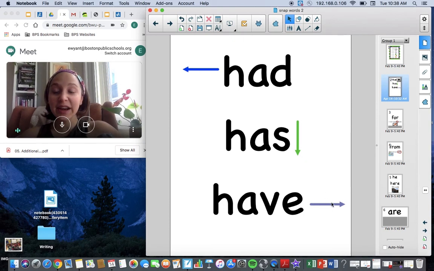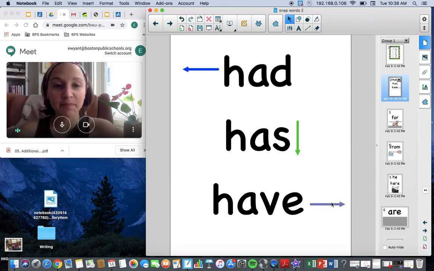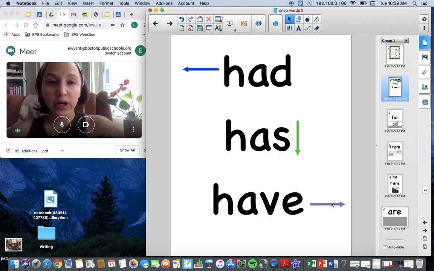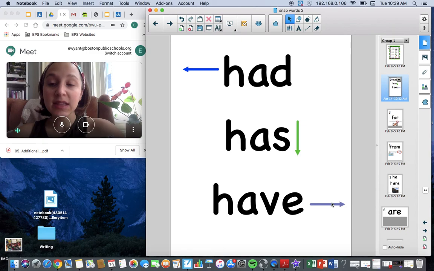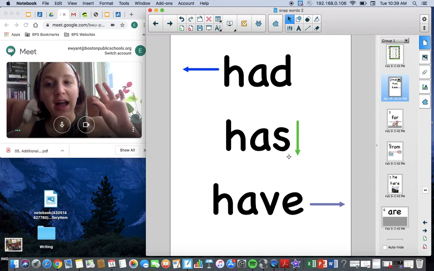I added these arrows to help us understand the meaning of these words. So let's talk about them. I have all 3 words on one slide because they mean the same thing. The first word is had. It's a word you can tap out. Add. The second word is has. You can tap it out.